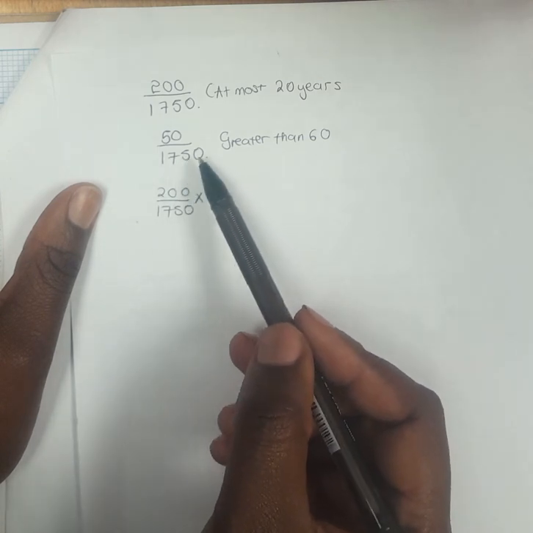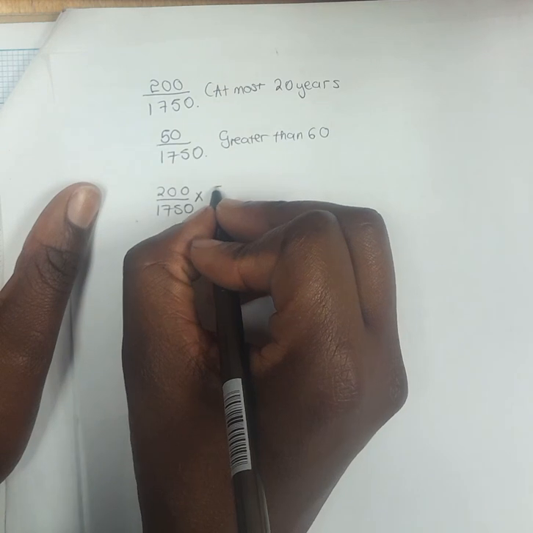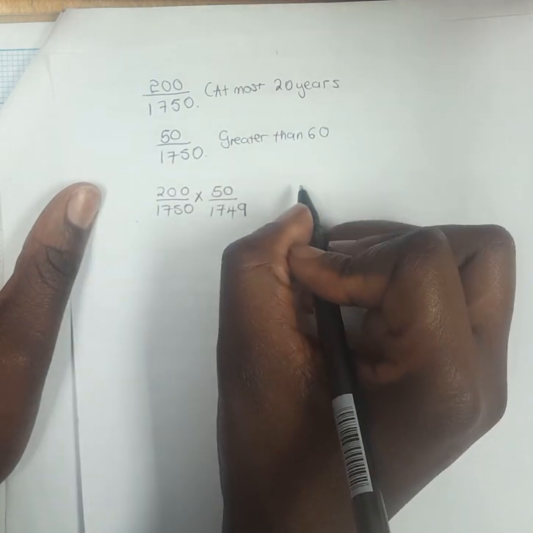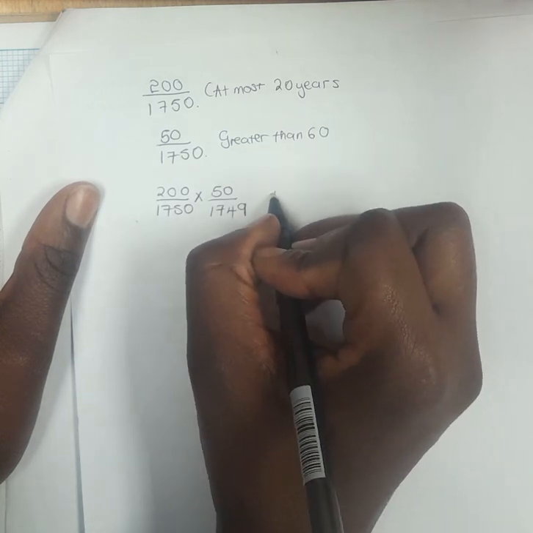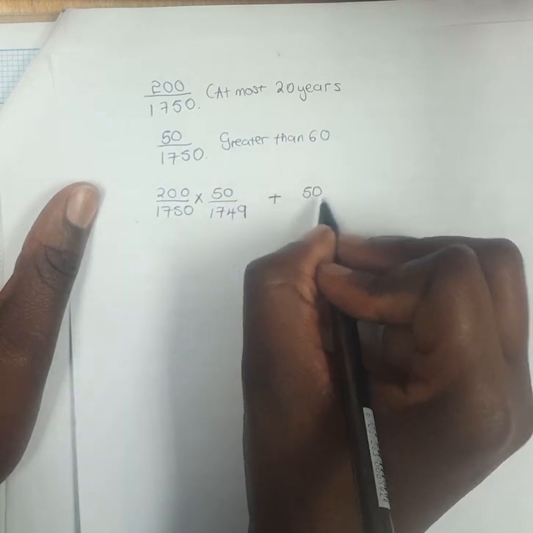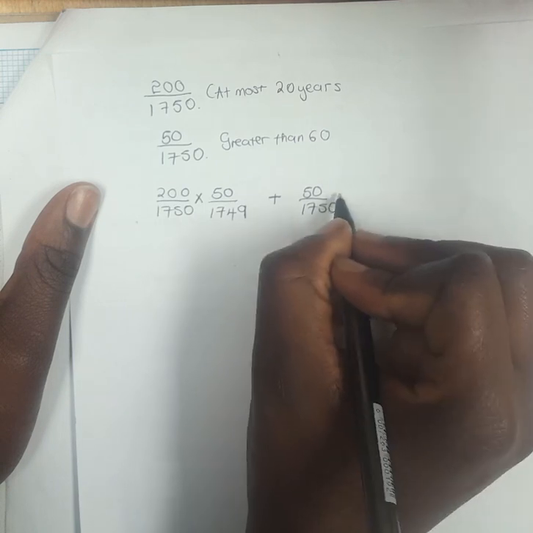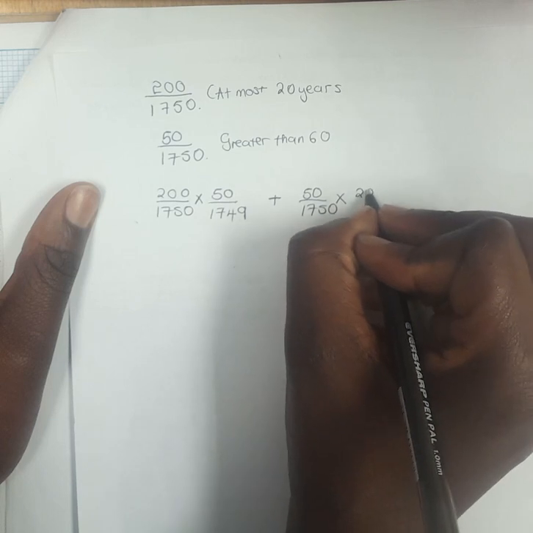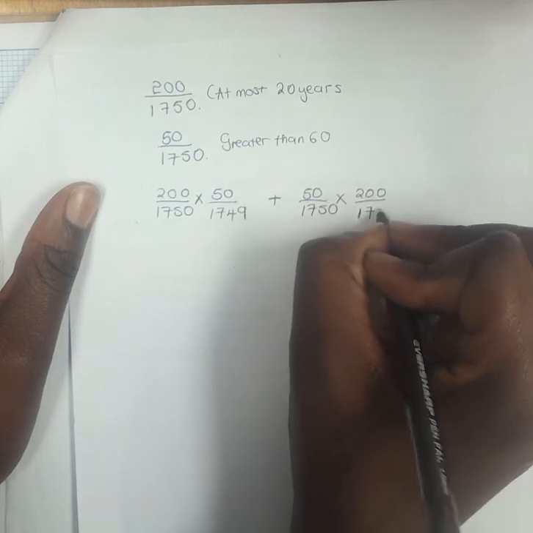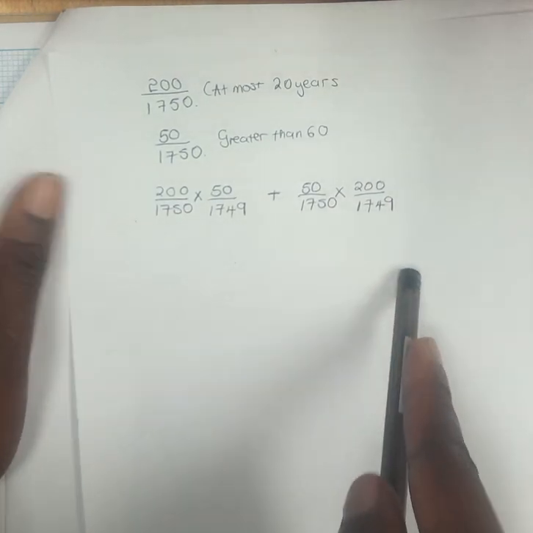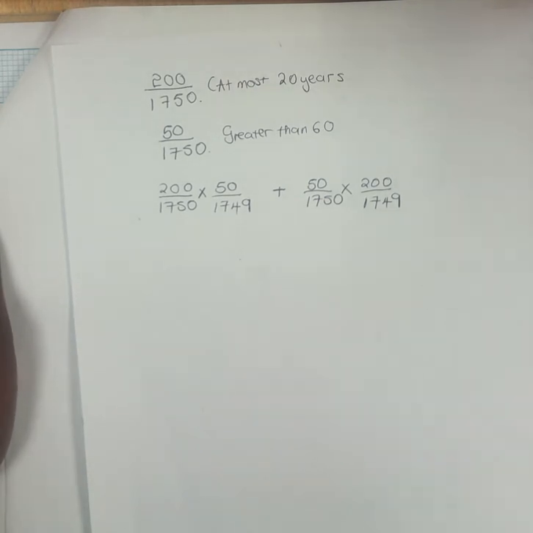It is now going to be 1749. So we say times 50 over 1749, or, and if it is probability of or, we add, or we are going to first select greater than 60. So we write 50 over 1750 times, and then select at most 20 years old. It is going to be 200, but the denominator is now 1749. So we punch on the calculator and add. That is how we are going to calculate probability if we are selecting from different categories.